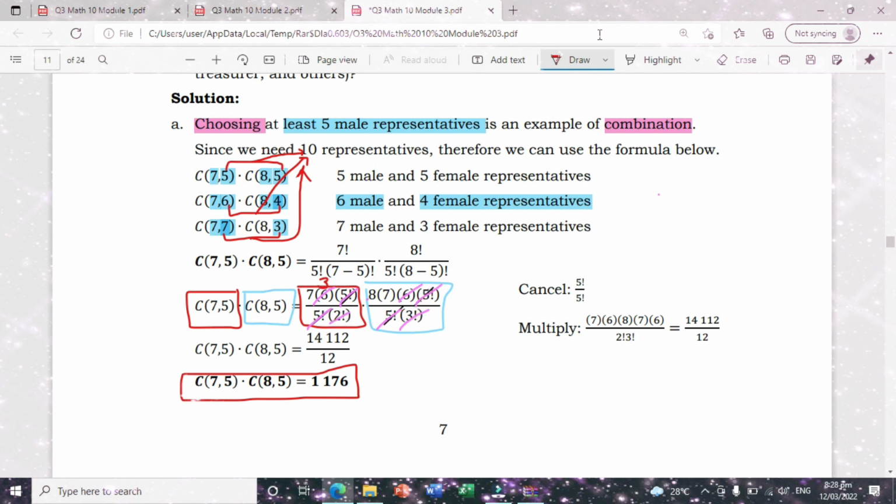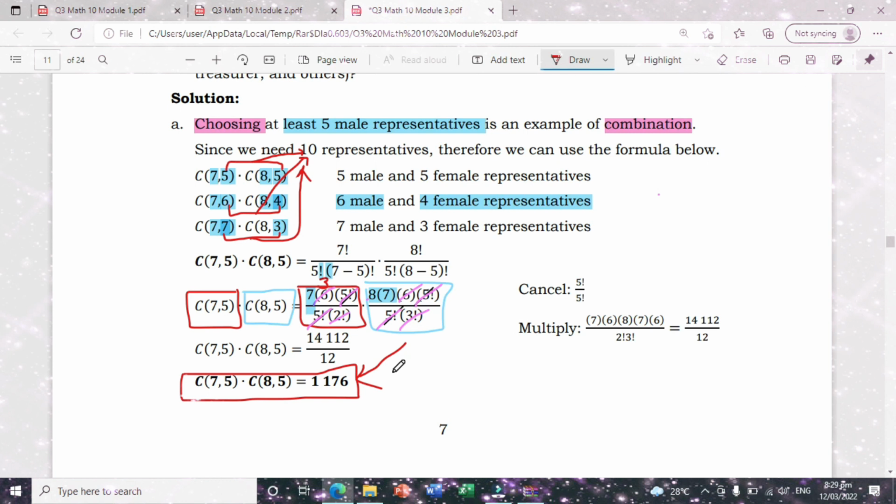So, multiply mo na lang is yung 6, yung 7. Oops. Teka ha. Hindi ko na yung 7, itong 8, itong 7, at saka itong 3 na nasa taas. Hindi ko lang ma-highlight. So, it would still give us 1,176.